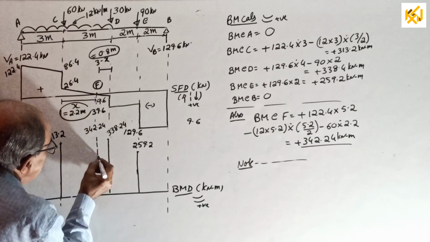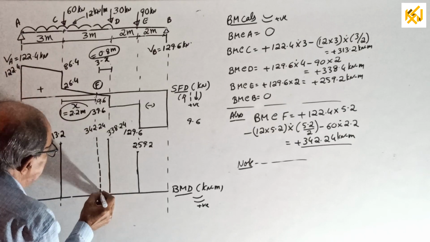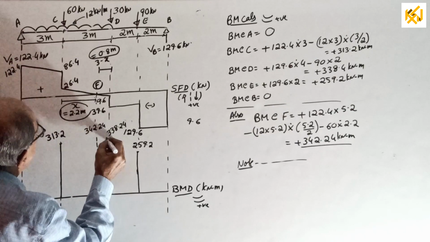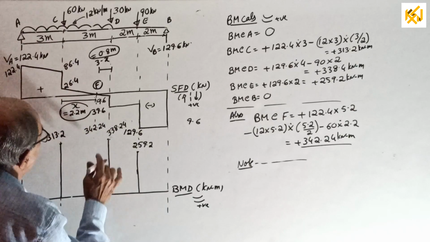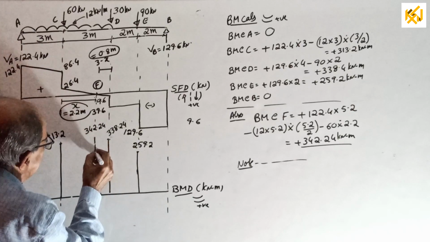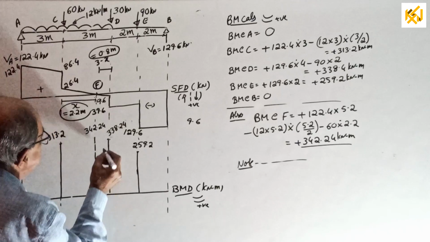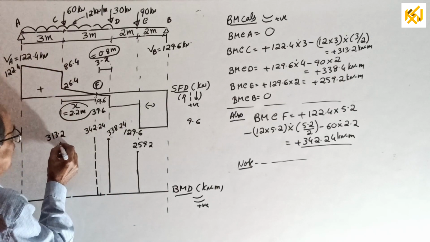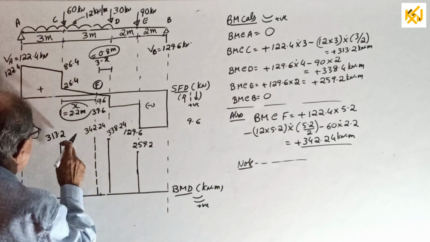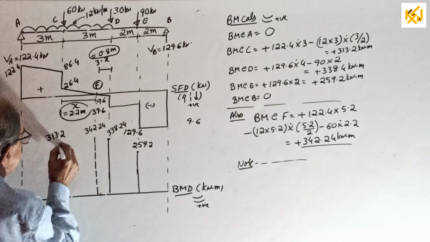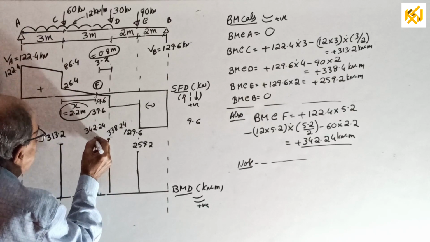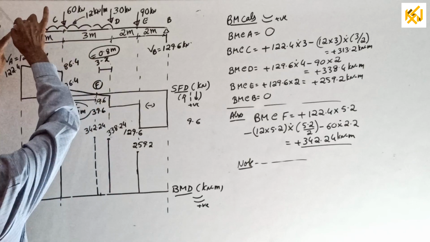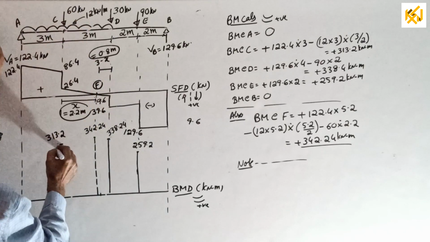But actually, when you compare to 338, you cannot write. So slightly more here. Yes, at least I got more. See here, 338, 313. Okay, 313, 338, 342.24.